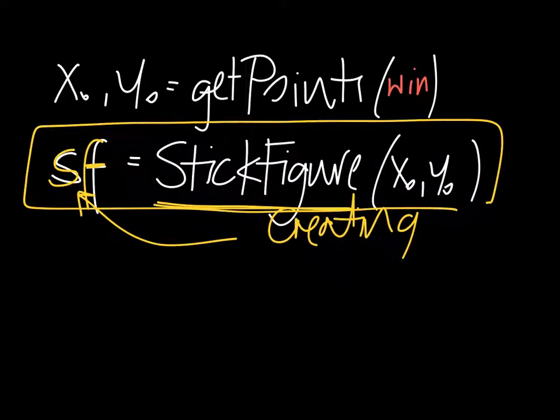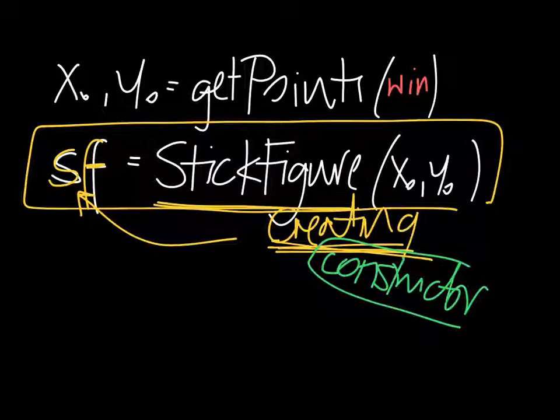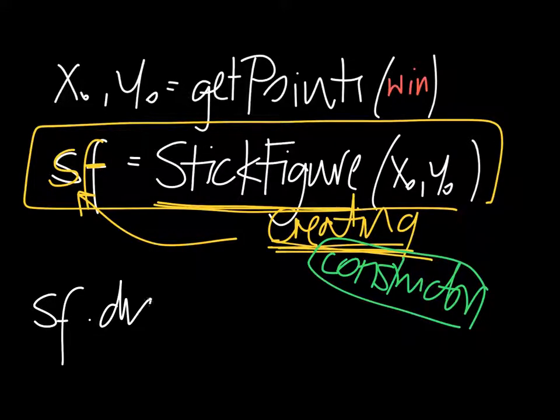This code, to allow me to create, uses a very special type of code called the constructor, as I've mentioned in the previous slide, and we will linger on that in a minute. But essentially, let's go back. I want to create the object, and then I want to write code that looks like this. There's my object, it's SF, and I can then say draw. I might pass it a window, I might not.